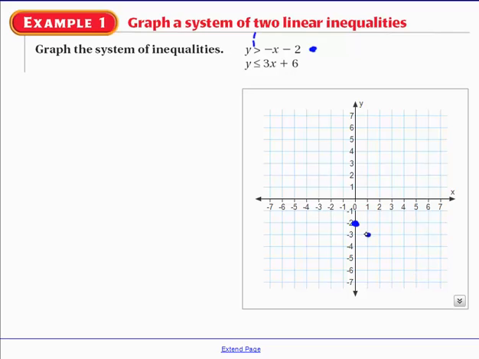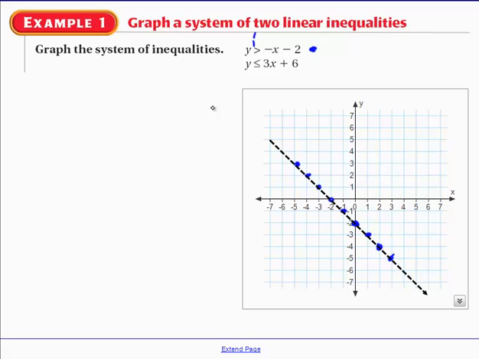My slope is -1. Okay, so here's my dashed line, and I would be shading everything above it.